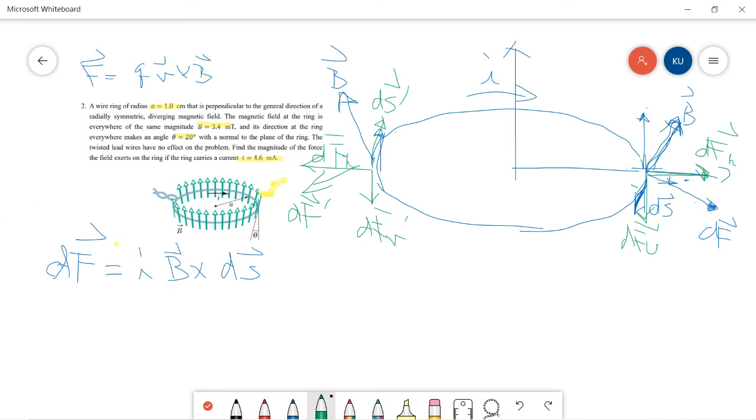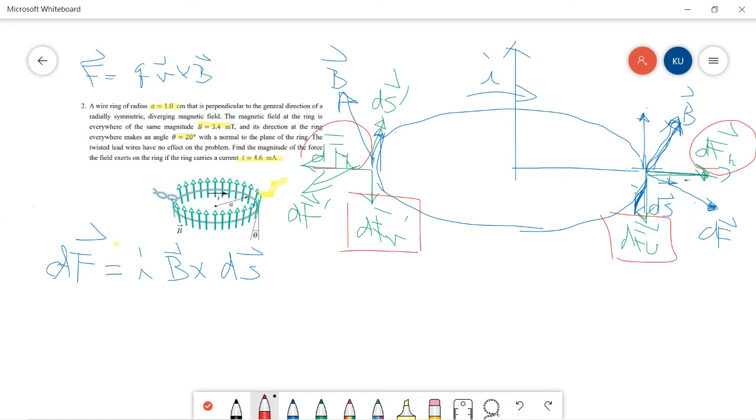So you can clearly see that this one and this one, the horizontal components, cancel each other, and the vertical components point in the same direction. So all the little forces will sum up.